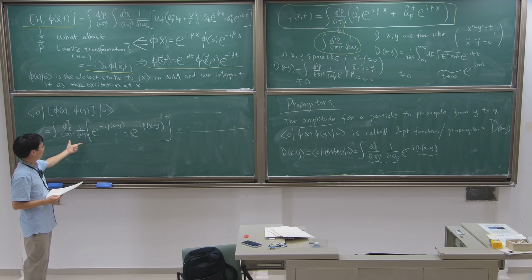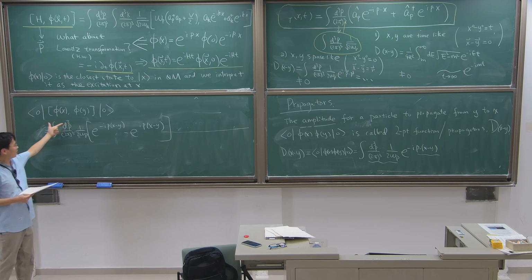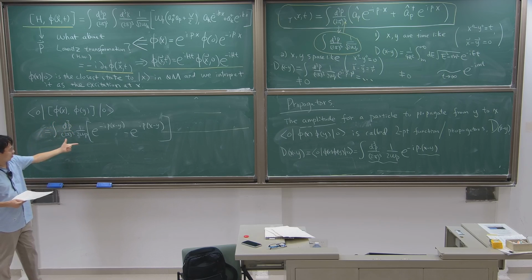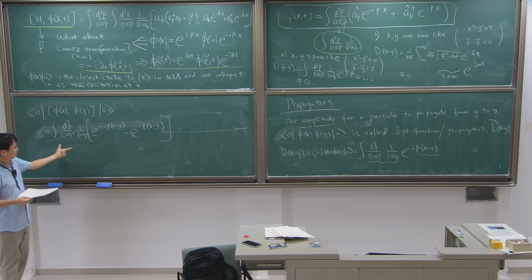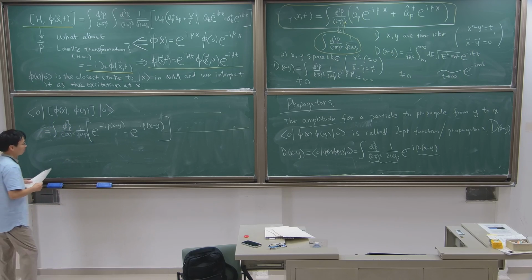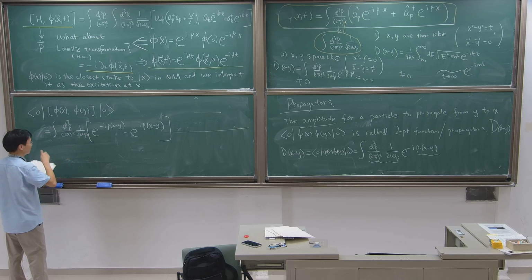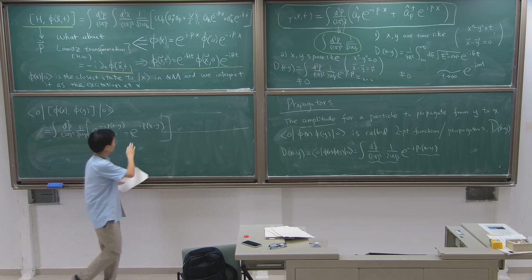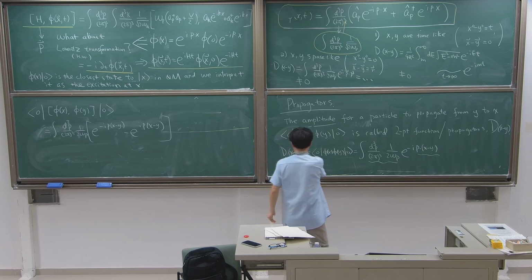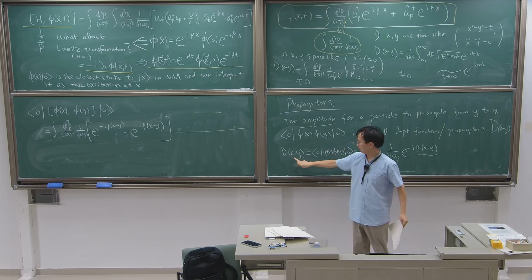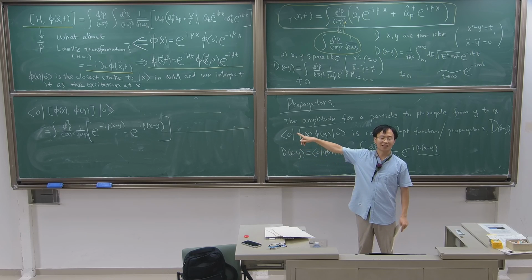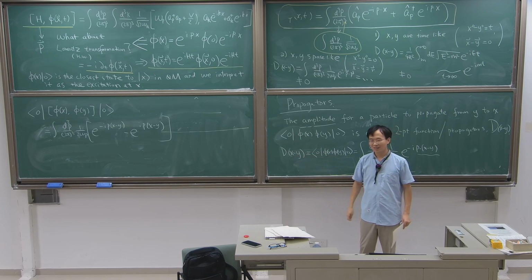The way to deal with this is to calculate it, and then you see this is nothing but D(x minus y) and D(y minus x). See, there are two terms you put together.